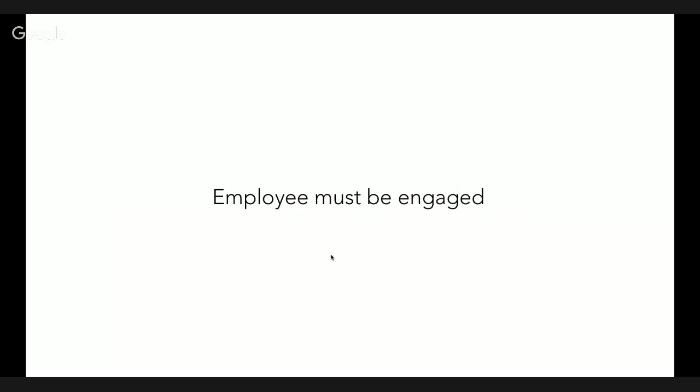But NPS being a customer-centric metric, it is ultimately based on the experience your frontline employees can deliver to your customers. So you must engage your employees when it comes to your NPS program.